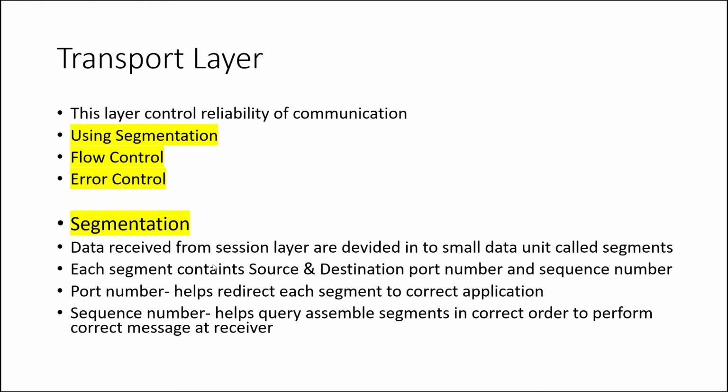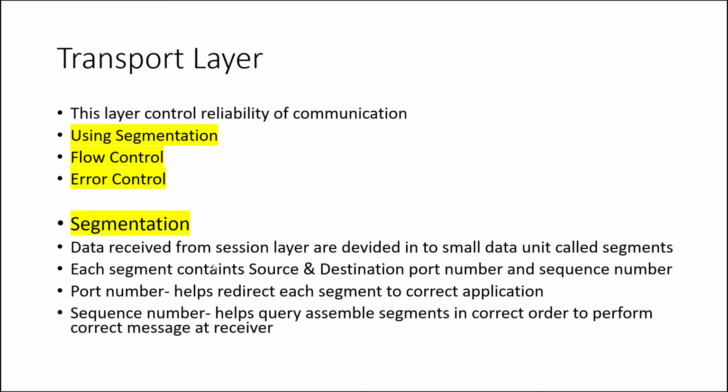And also, what is the sequence number? The sequence number helps to assemble segments in the correct order to form the correct message at the receiver. So when you send data with a sequence number, it helps to assemble the segments in the correct order at the receiver side. So that's the help of the sequence number.